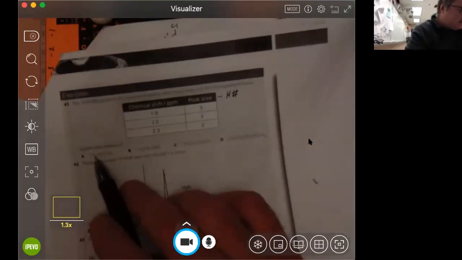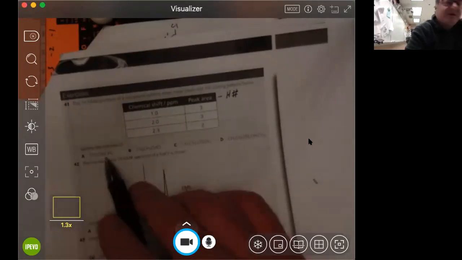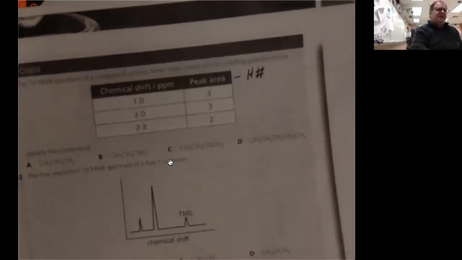So let's take a look and identify what peaks we would expect to see from this compound. If we had CH3, CH2, CH3, how many different types of hydrogens do we have? 2, right? These are the same.